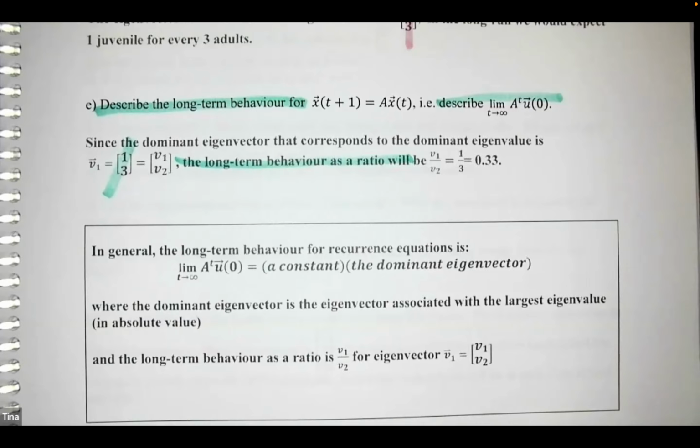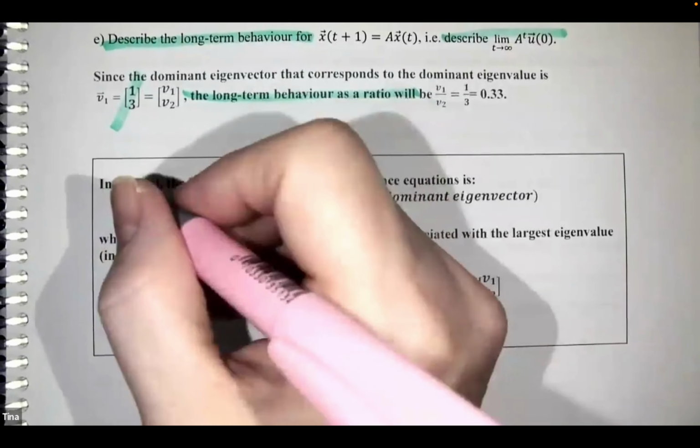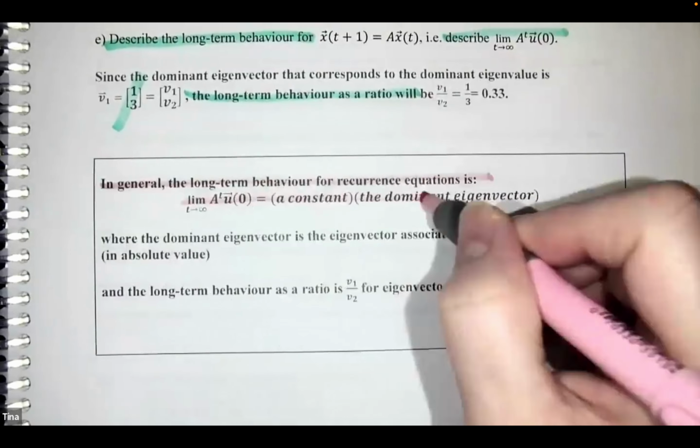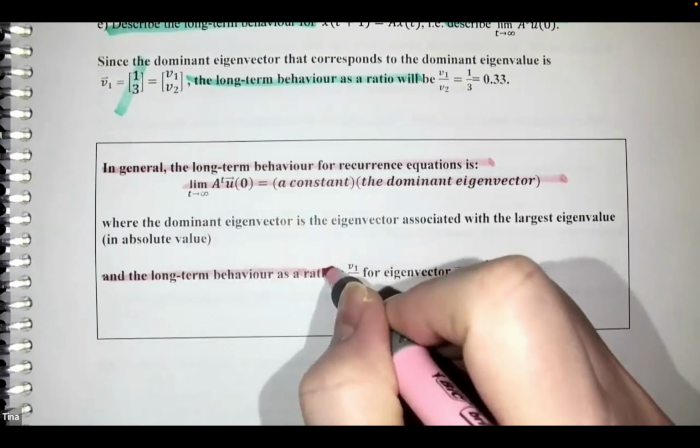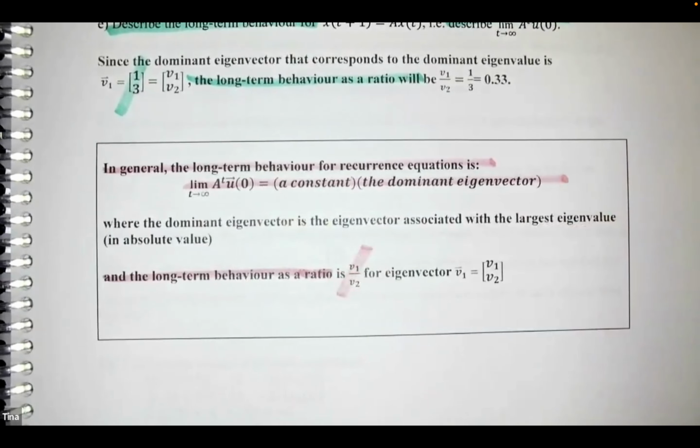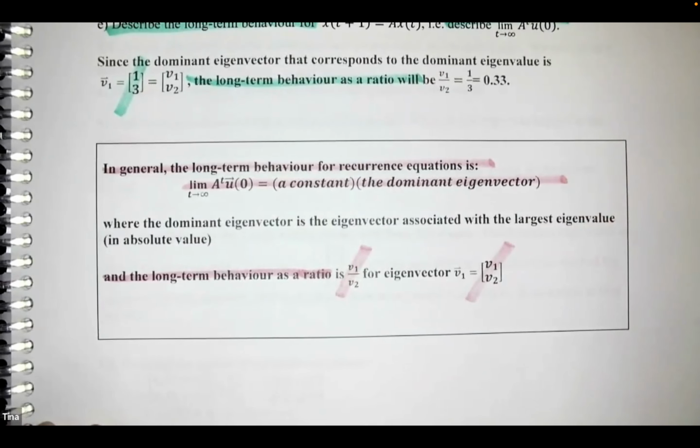Okay. So that I would memorize just in case. So that was in your notes this year, kind of a new concept, okay? So the long-term behavior as a ratio would be your v1 over v2, okay, for your dominant eigenvector, the largest eigenvalue, okay?